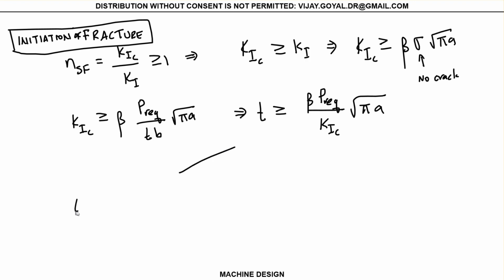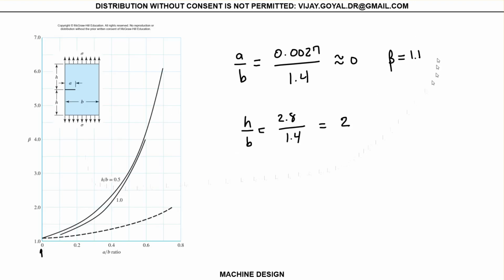The first case is the first material. For the first material, we know that beta is equal to 1.1. We found that at the beginning of the problem. This is 1.1, that's given.